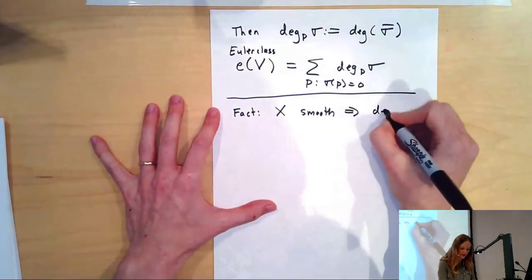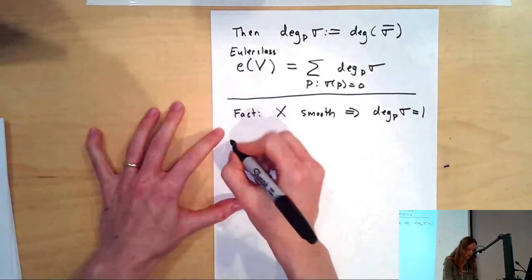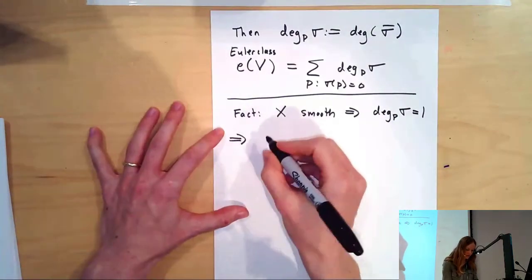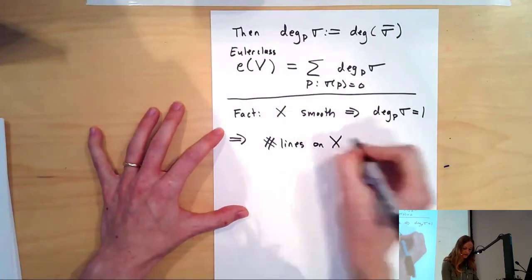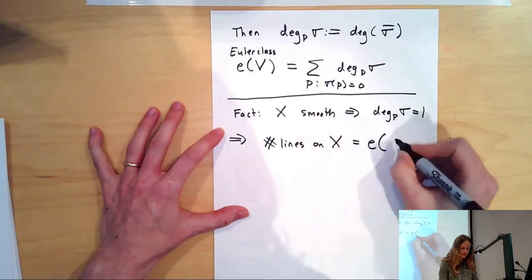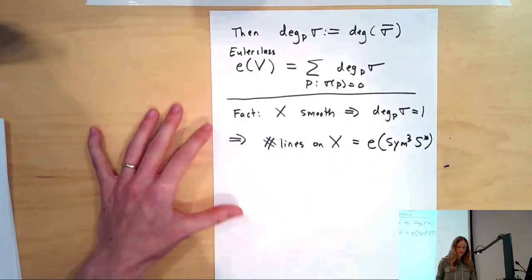So the degree of sigma is 1, which implies that the number of lines on X is equal to the Euler class of Sym^3 of the dual tautological.